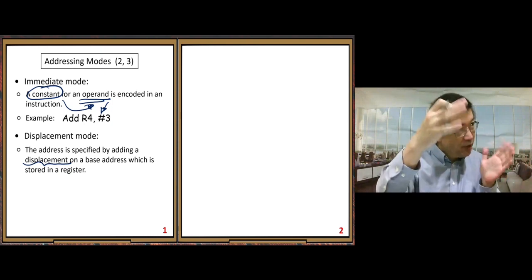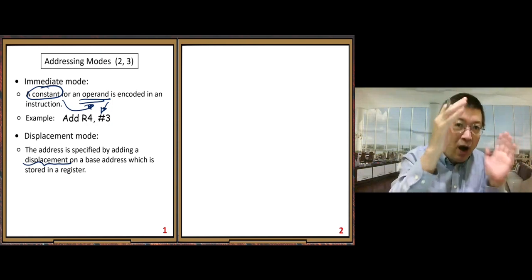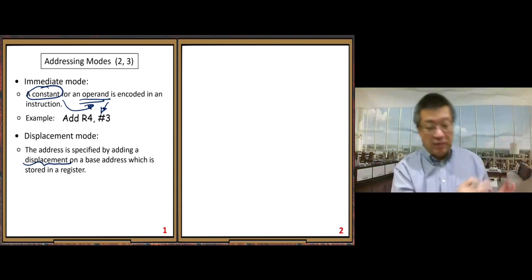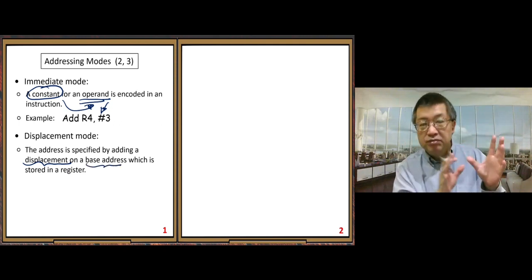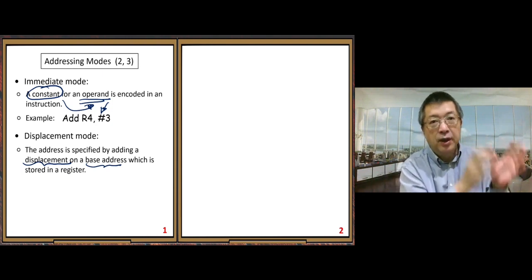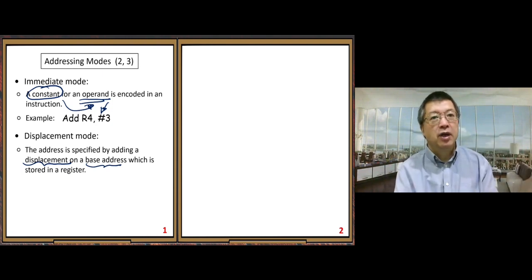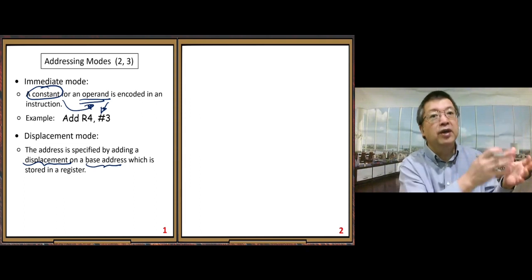That's the displacement concept. So we add a displacement on a base address. There is a base address, and we do reference against that base address. The base address is stored in a register.